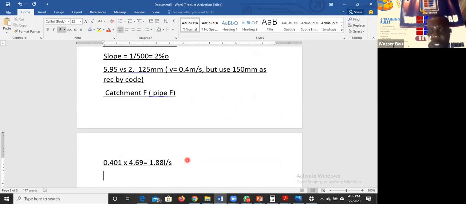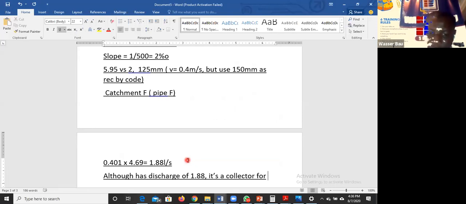No, I'll be wrong, because although pipe F has a discharge of 1.88, it's a collector. It's a collector for who and who again?